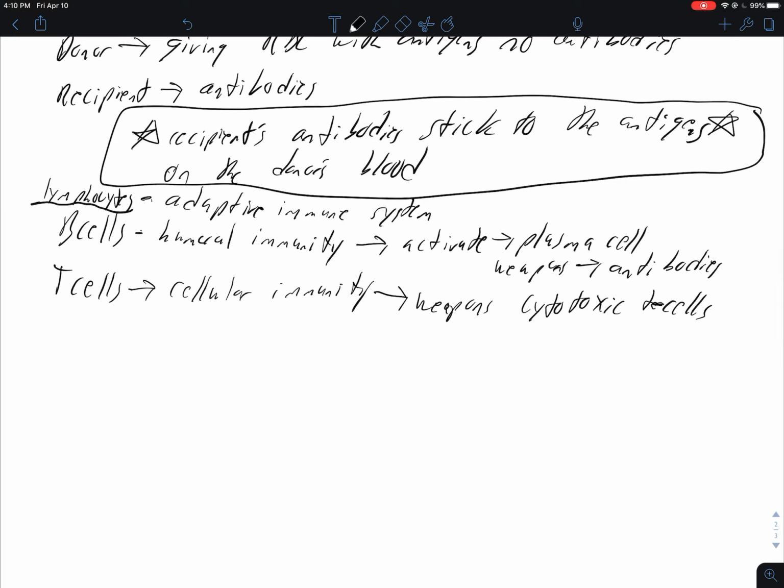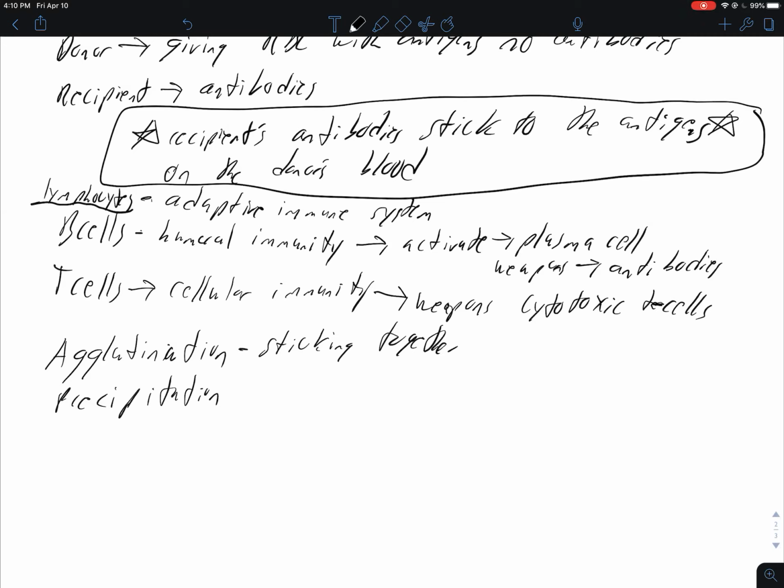Okay, and then 3 definitions that people struggle with a bit. Agglutination and precipitation. Okay, think of agglutination as sticking together large things like cells, bacteria, larger things, right?